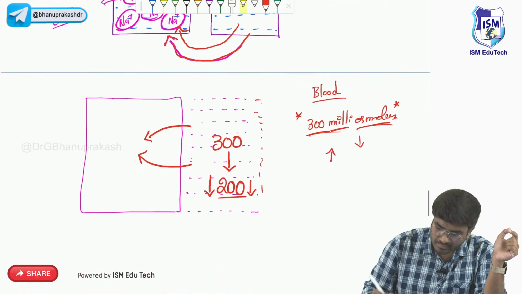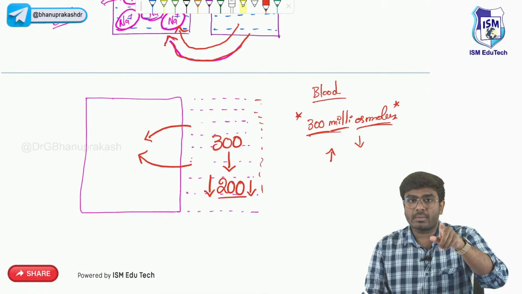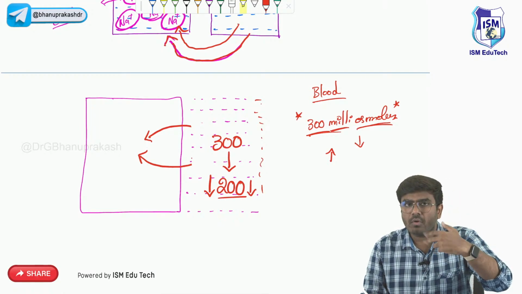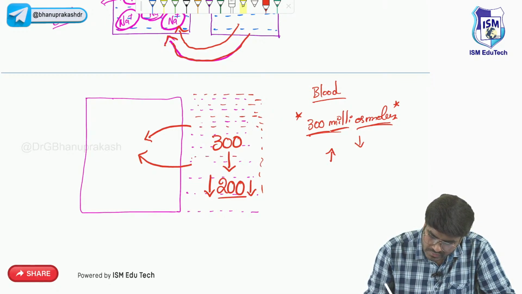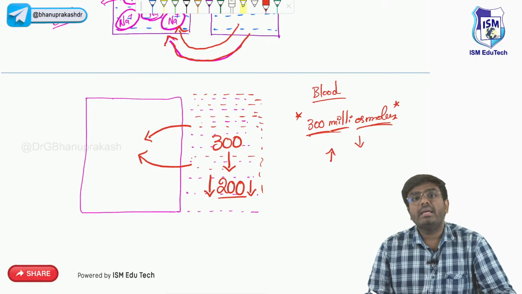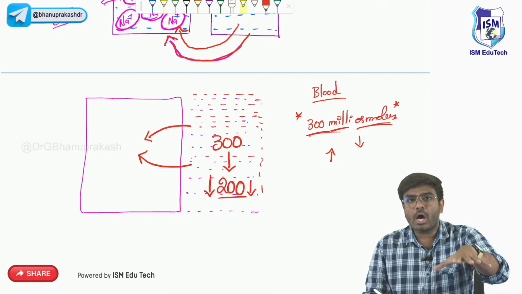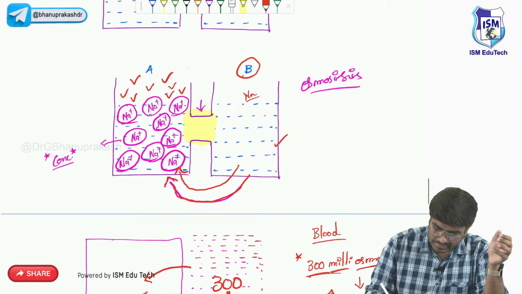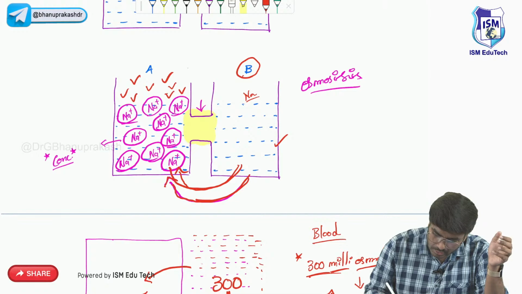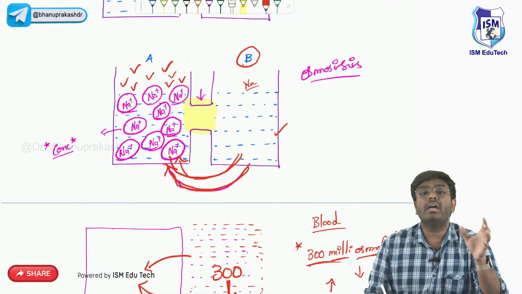Even here, in the same way, whenever you drink too much water pathologically, what will happen? Your extracellular fluids become more and more diluted, and the osmolarity will come down. When osmolarity is coming down, water will shift to places where there is high osmolarity.